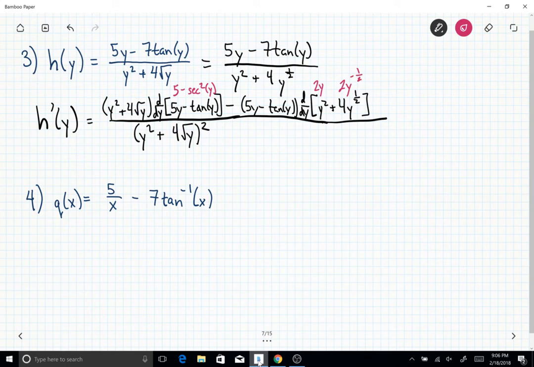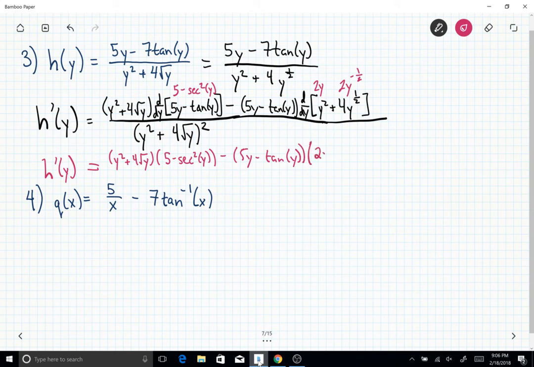Okay, so now we want to write all that up. Alright, so h prime of y equals, we'll have y squared plus 4 square root of y times 5 minus secant squared y minus 5y minus tangent y times the derivative, which is 2y minus 2y to the negative 1/2.